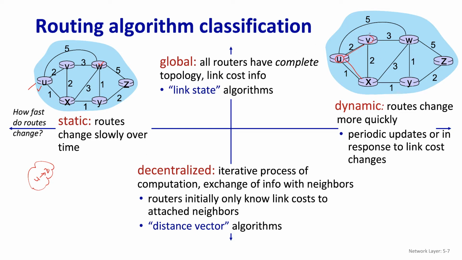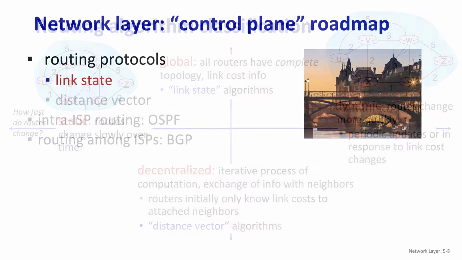So if we are at V, it is going to calculate the routing table and share it with W, with U, and with X. The same thing with X. They're going to compute their routing tables and share them with V, U, Y, and W. So most of the time the dynamic routing is going to be calculated internally and then share the routing tables with the neighbor routers.